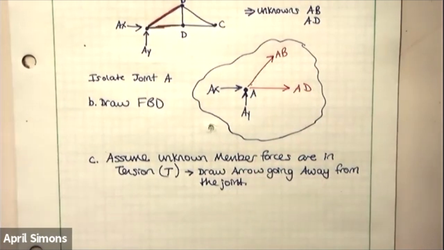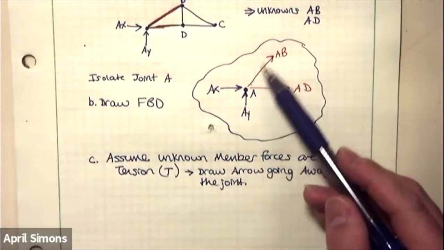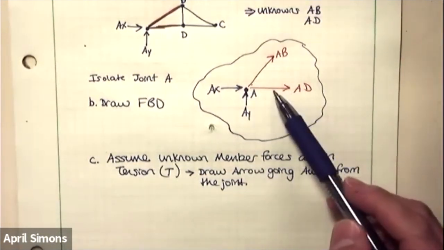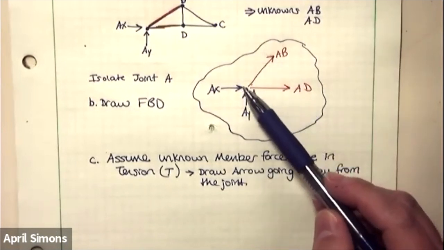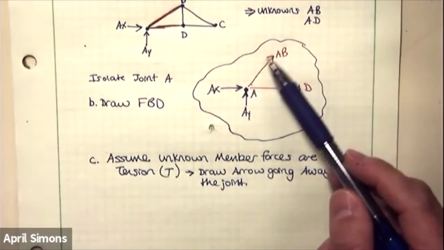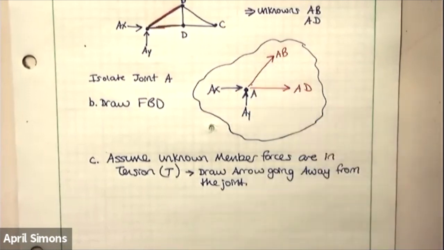So we're assuming here for now that member AB is in tension and member AD is in tension. And the way that we show that is essentially showing the joint itself in tension. So we're showing that this is creating a pull, if you will, on the joint.